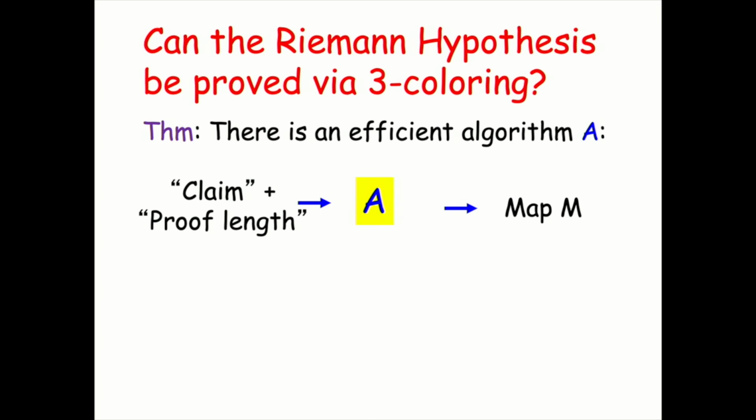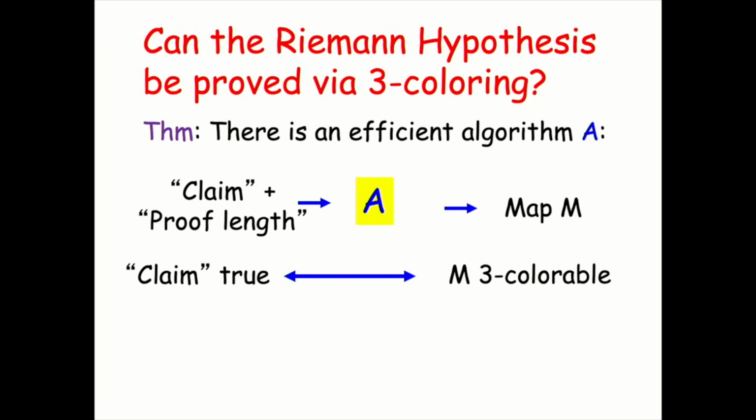A reduction is simply an efficient algorithm, which we know, A, and it does the following. If you give it a claim, like the Riemann hypothesis, plus I demand some bound on the number of pages in which you are going to give me the answer, because above 1,000 I will not read it, then this algorithm transforms the claim into a map in such a way that the claim is true if and only if the map is three-colorable.